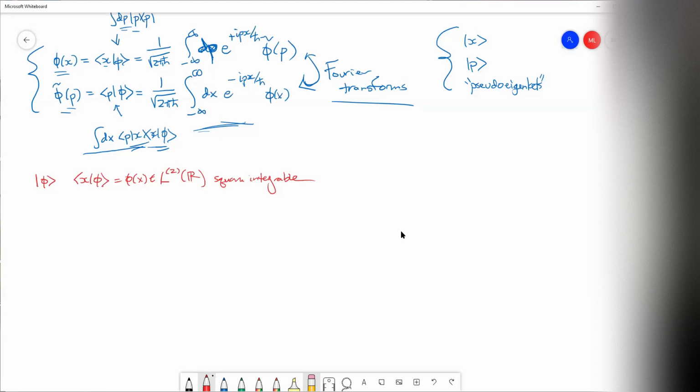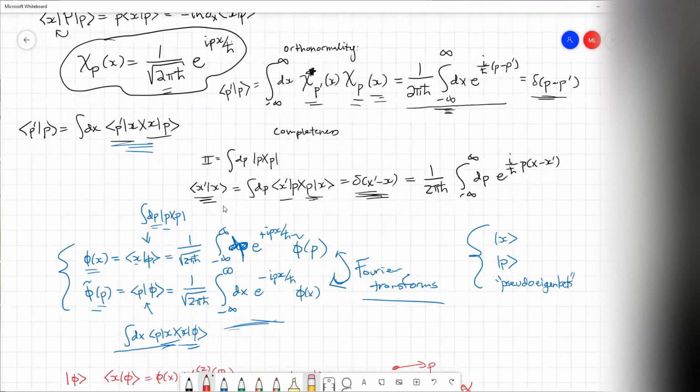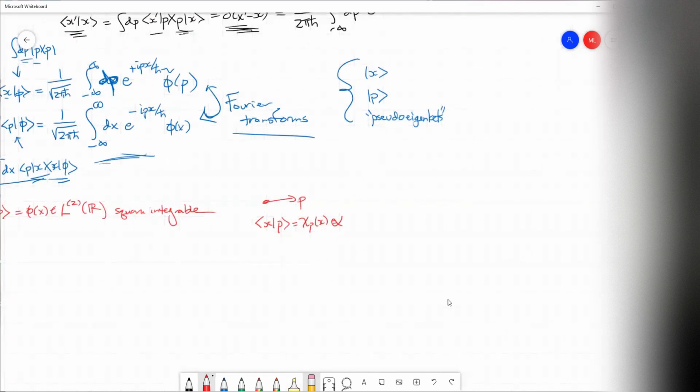And this is a problem because if we have a particle moving along with some momentum p, it's nice to be able to think about its wave function as this, or sorry, the backwards, x dotted into p. It's nice to be able to think about its wave function as this chi p, this thing that's proportional to e to the ipx over h bar. It's nice to think about it that way, but the problem is that this function is not in our Hilbert space.